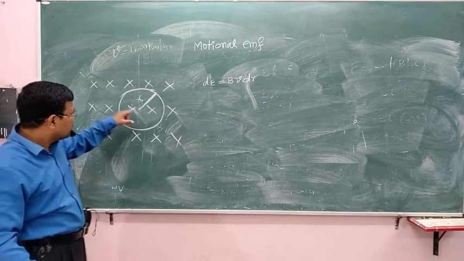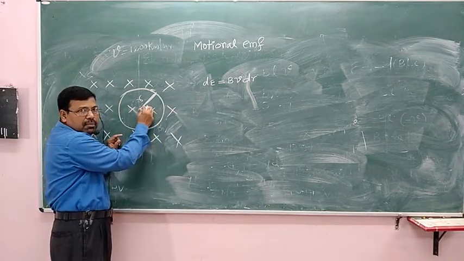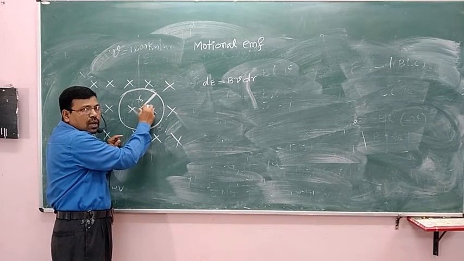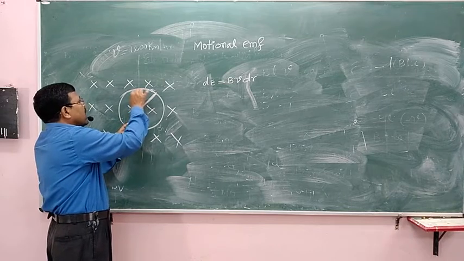Here, a small induced EMF is produced in a small length. The total length is L, and L and R are the same.